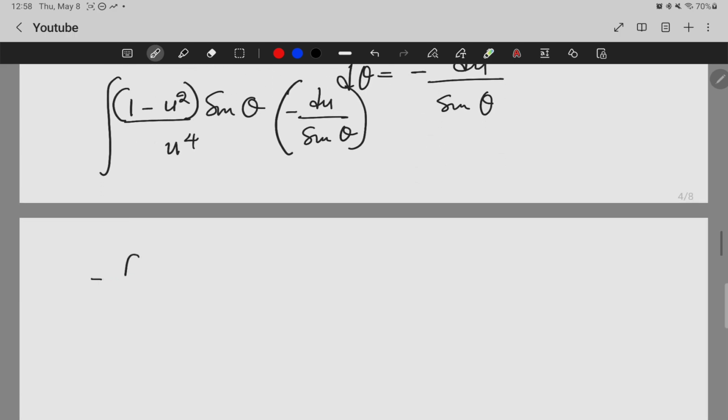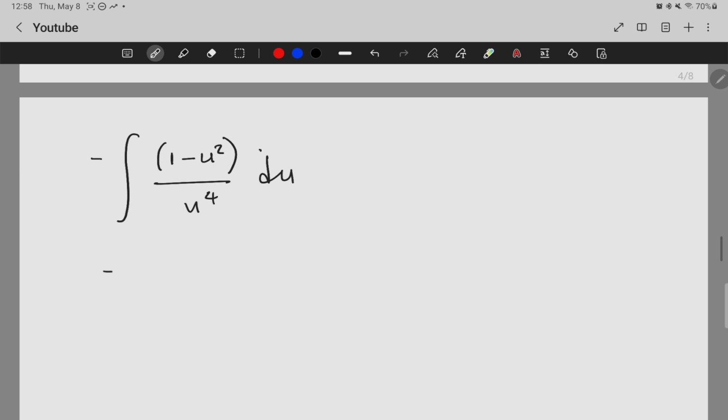When you simplify, the negative leaves the root, leaving us with 1 minus u squared, and then this and this will cancel, leaving us with only u to the power 4 here, du. Then from here we can approach this as 1 over u to the power 4 minus, then this becomes u squared over u to the power 4, this becomes 1 over u to the power 2 du.